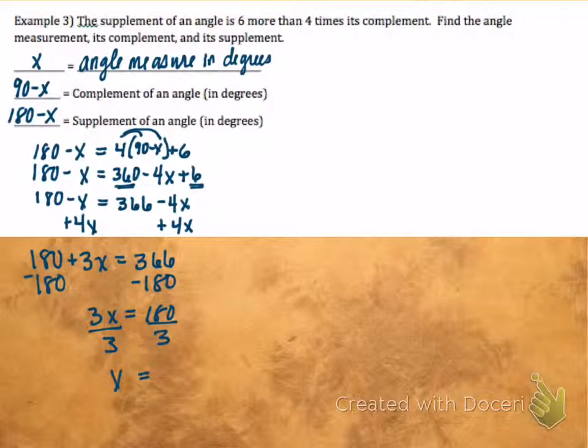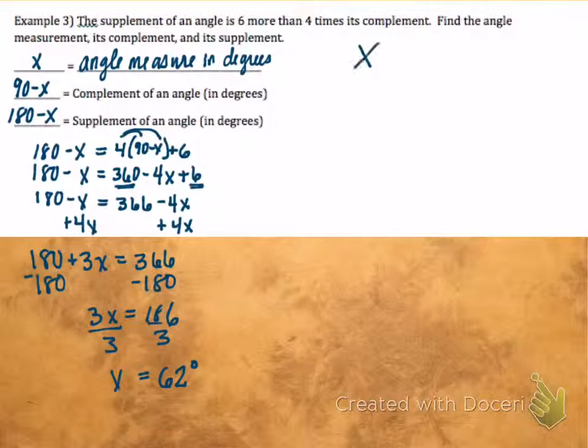X is equal to 186 degrees. Let's go back and fix that there. There we go. And then we get x is equal to 62 degrees. Doing the plug-in process just means that we're going to make sure we have each of our answers.